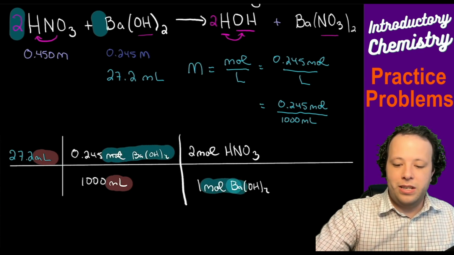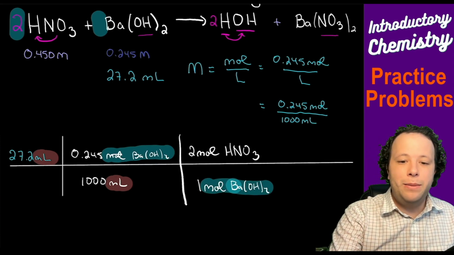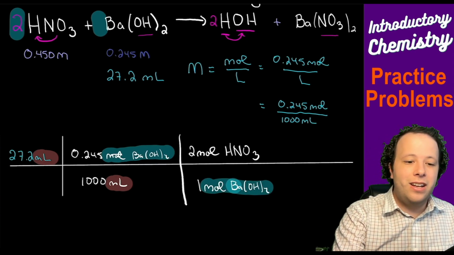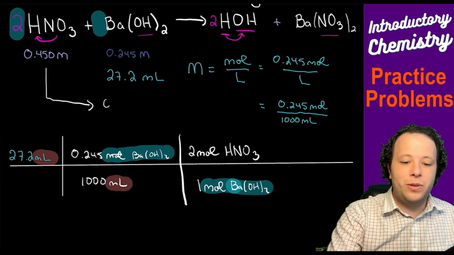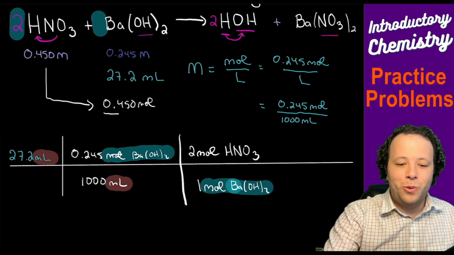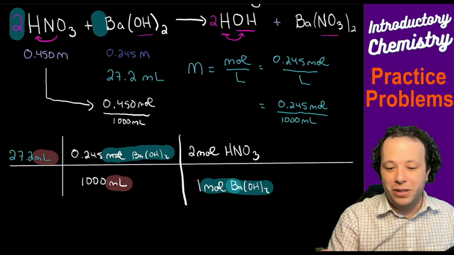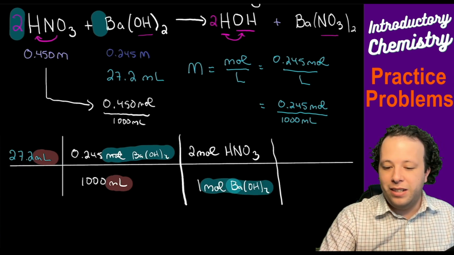That goes away. Now we have to convert it to volume, and we'll do the same trick with the molarity of nitric acid, which is 0.450 moles over 1 liter, or over 1,000 milliliters, being that our final answer has to be in milliliters. So let's plug that in. We need to set it up so units cancel.